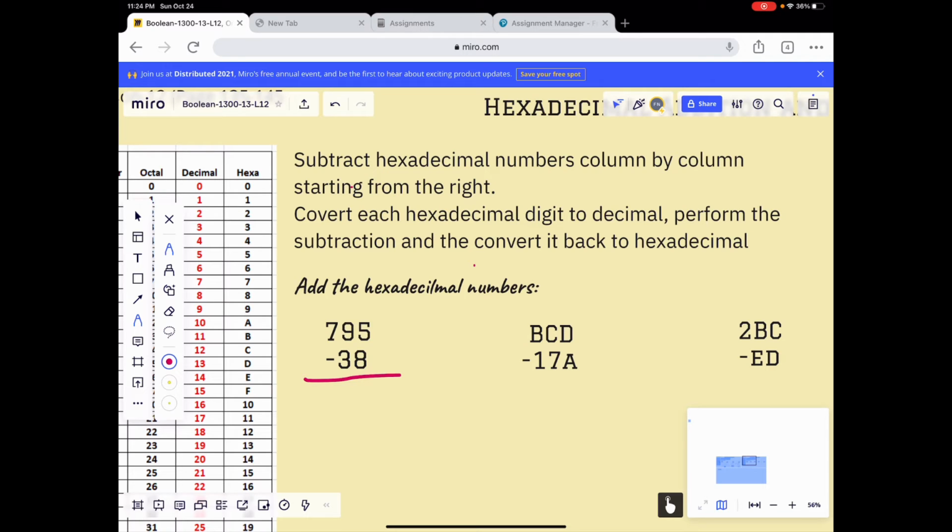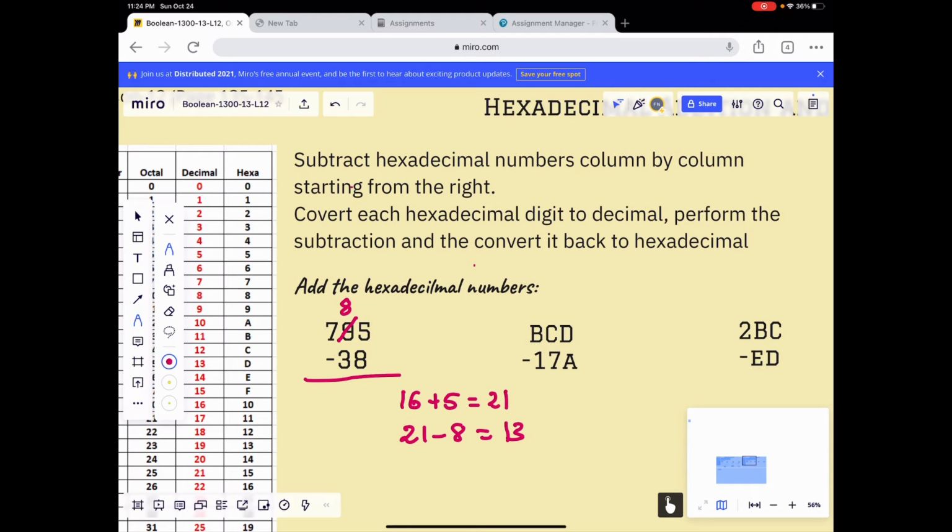So let's say 5 cannot subtract 8, so you borrow 1 from 9. So you cross it out and you only have 8 over here. You borrow 1, that means you got 16. So 16 plus 5 equals 21, and then you take 21 minus 8 equals 13.